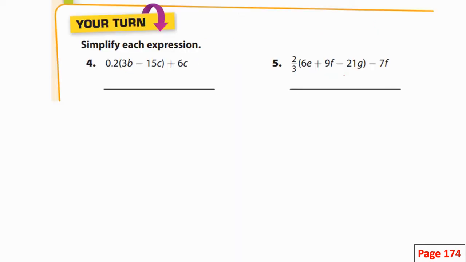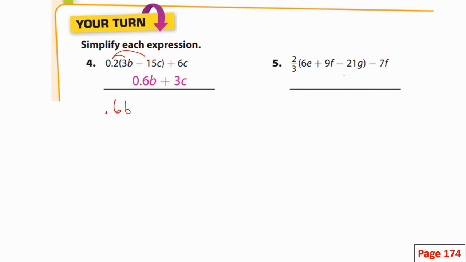All right, so to simplify these expressions, first, I have an answer here. I kind of jumped to the answer, but we would distribute 0.2 times 3, that is 0.6, and don't forget the b, and then 0.2 times 15, that should be 3.